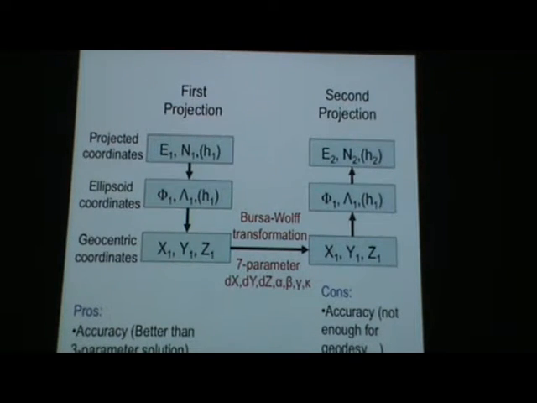Okay, the advantage is the accuracy. It's a little bit better than the 3-parameter solution. And the disadvantage is the same, the accuracy. It's better than the 3-parameter, but not as accurate as we usually expect. So it's not suitable for geodetic purposes in the case of a modern coordinate system. I can give an example from Hungary.